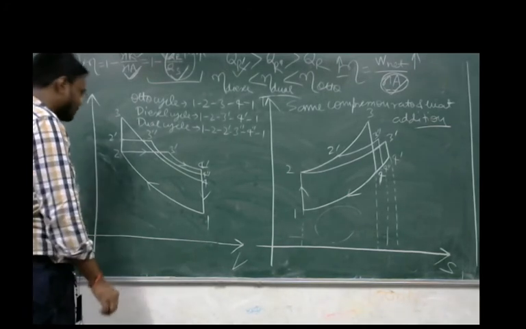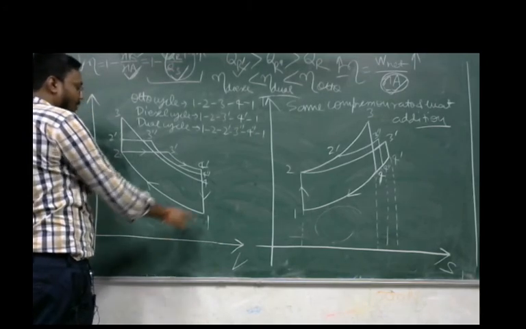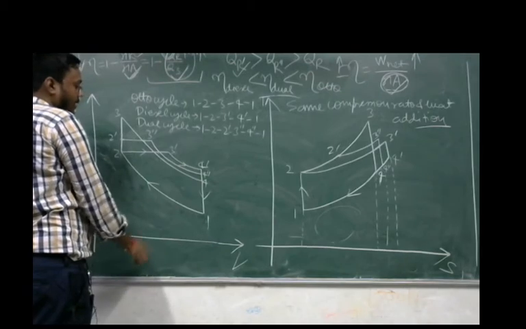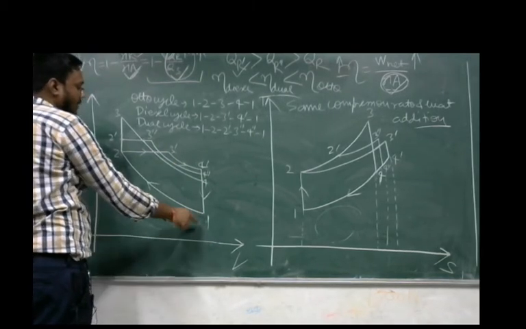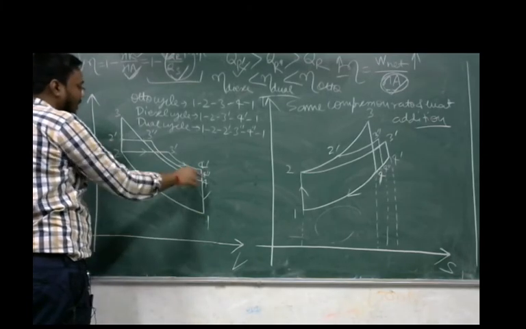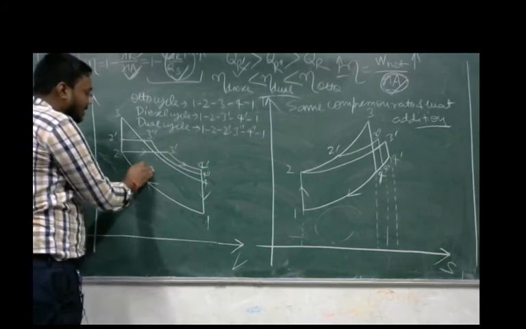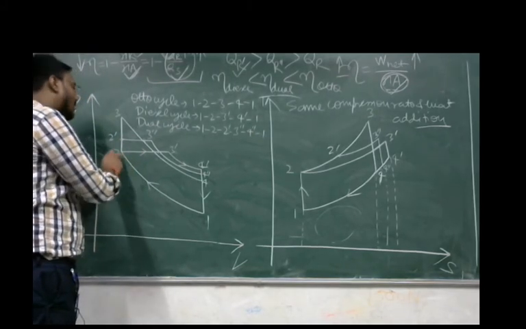So if you see the closed area of the cycle, for cycle 1, 2, 3, 4 Otto cycle, and for cycle 1, 2, 3 dash, 4 dash diesel cycle, and for cycle 1, 2, 2 dash, 3 dash, 4 dash, we can easily see that closed area of the Otto cycle is maximum and closed area of diesel cycle is minimum.